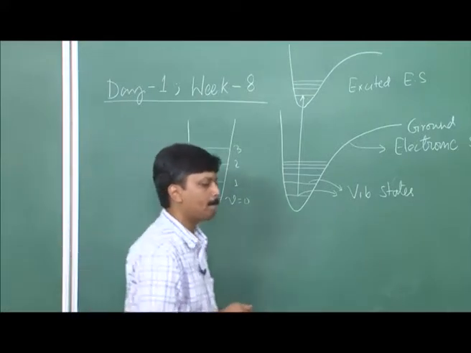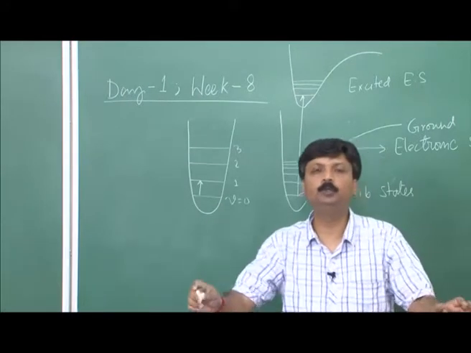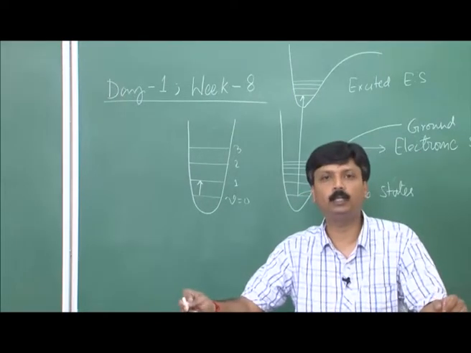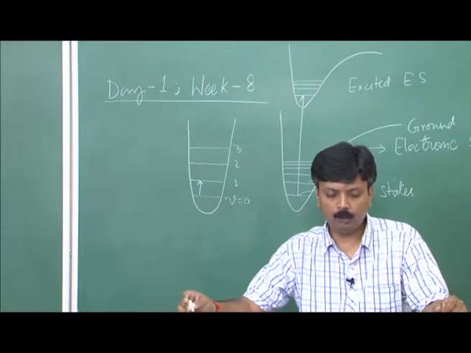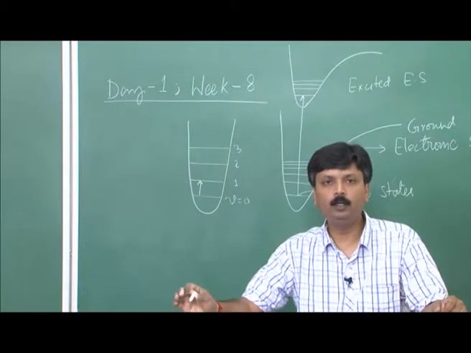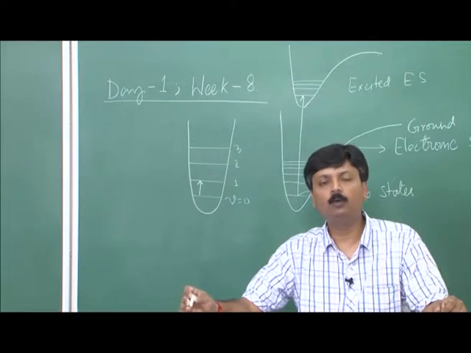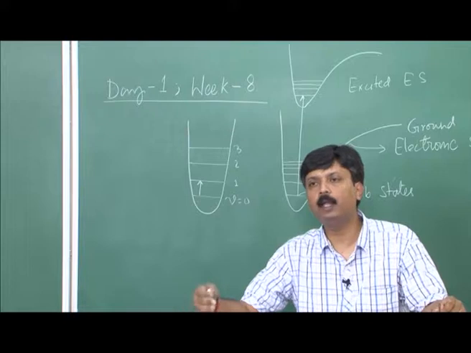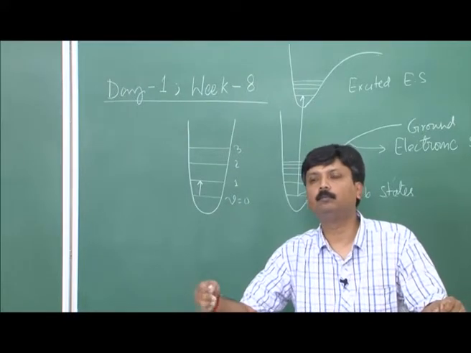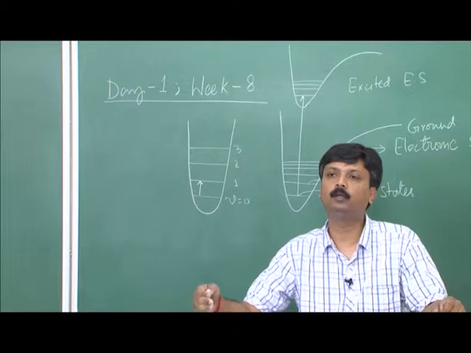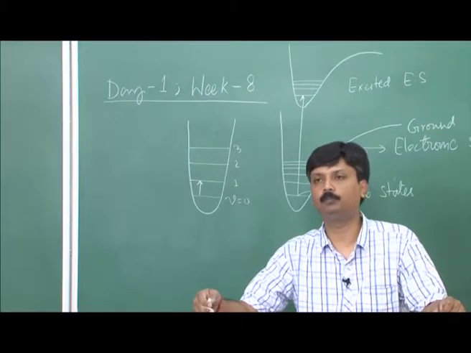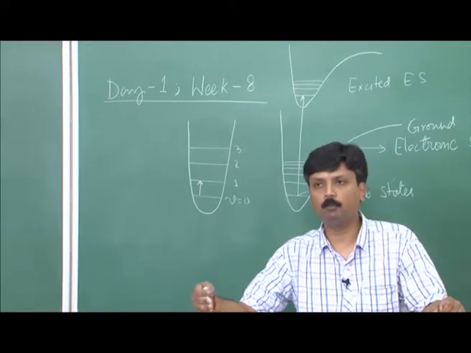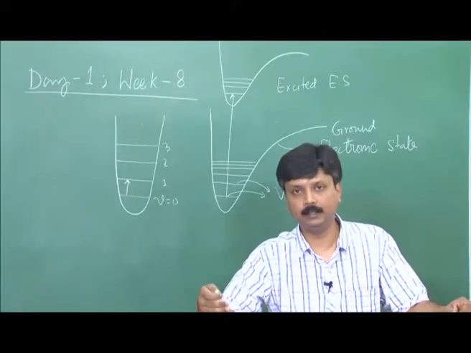So, what are the things that we should look at when I try to deal with an electronic transition? Here we will try to see how the knowledge of symmetry and group theory can help us get an idea about the selection rules of the electronic transition, the transition moments, and the band intensities.